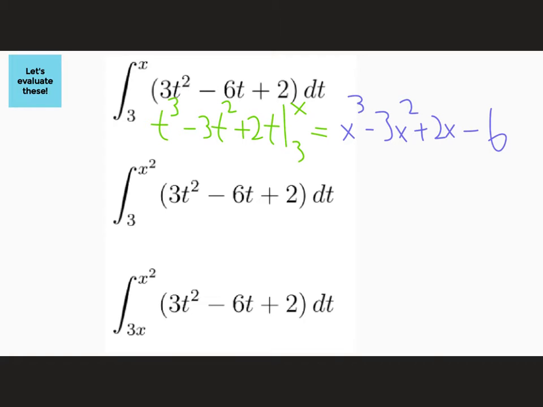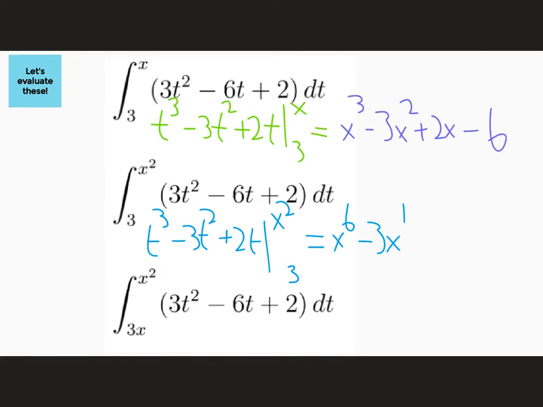Okay. Let's do this one. That's the same function, right? So t cubed minus 3t squared plus 2t from 3 this time to x squared. So x squared cubed is x to the 6th, 3x squared squared, which is x to the 4th, plus 2x squared, minus 6.